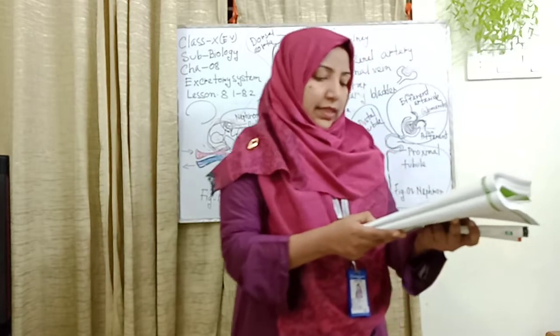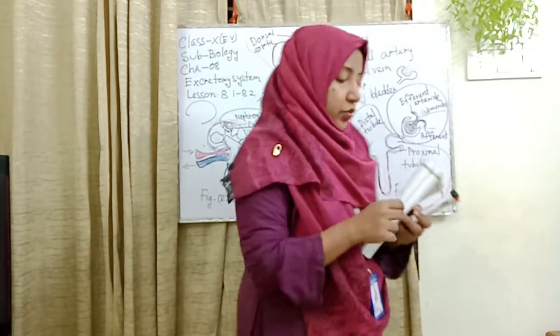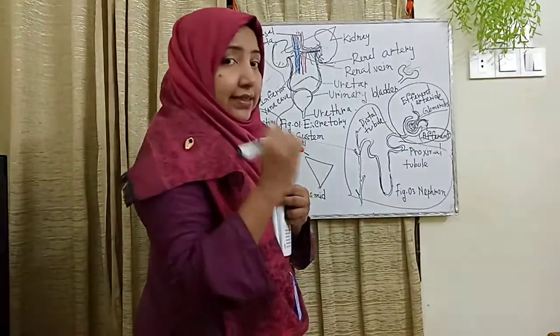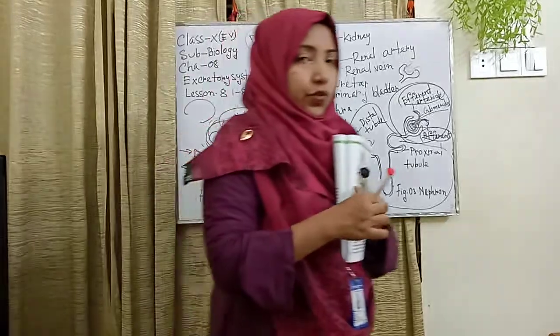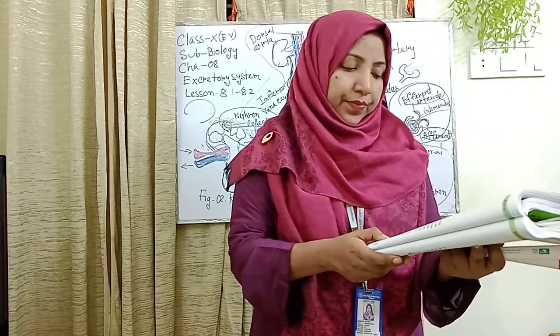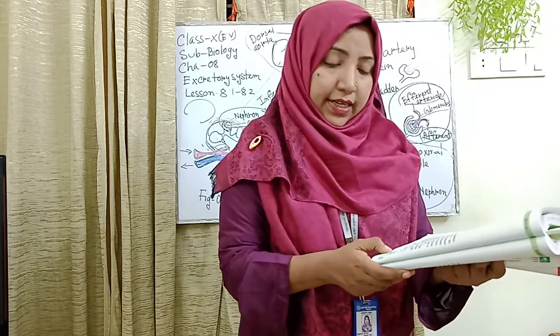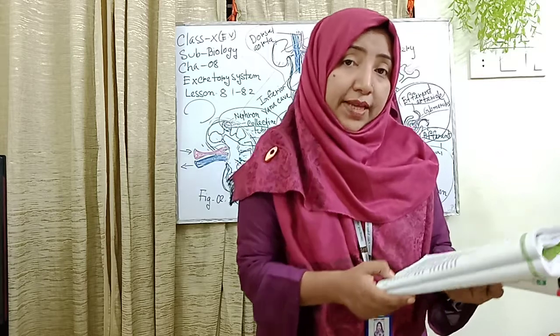Here is the glomerulus. There are two arterioles: the afferent arteriole and the efferent arteriole. The afferent arteriole from the renal artery enters the capsule and breaks into about 50 capillaries.